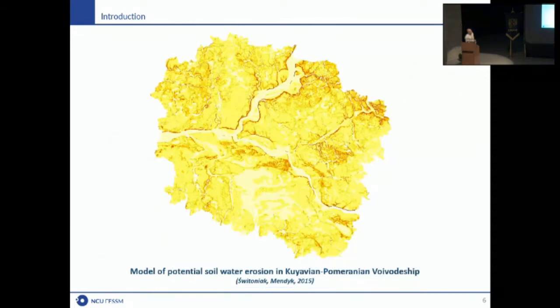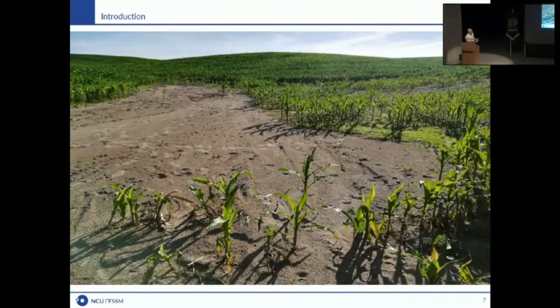This is also our voivodeships, so it's the administrative unit that we have in Poland. Toruń, my city, is located here, but you can see that mostly on the slopes of the rivers, on the subglacial channels, and also in the morainic areas, we have a lot of potential erosional processes.